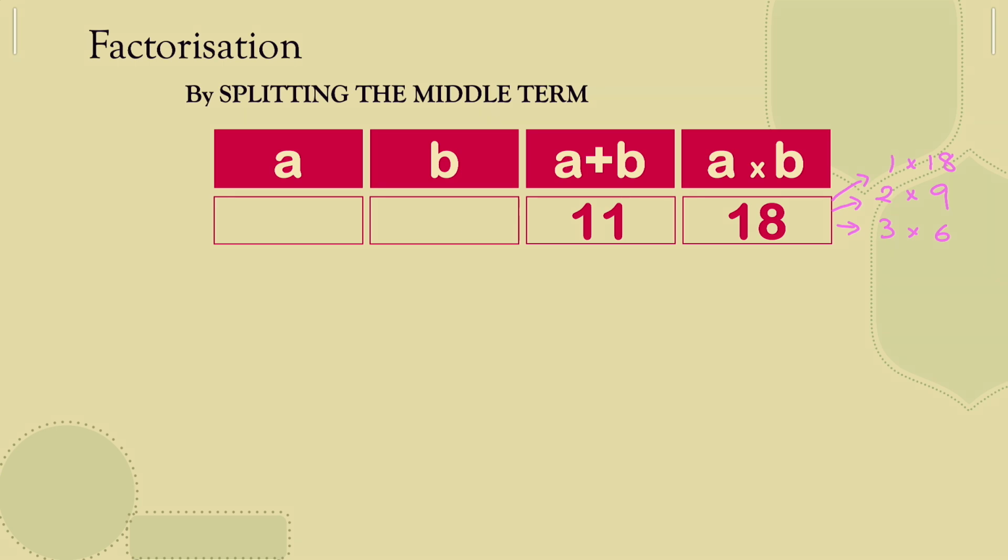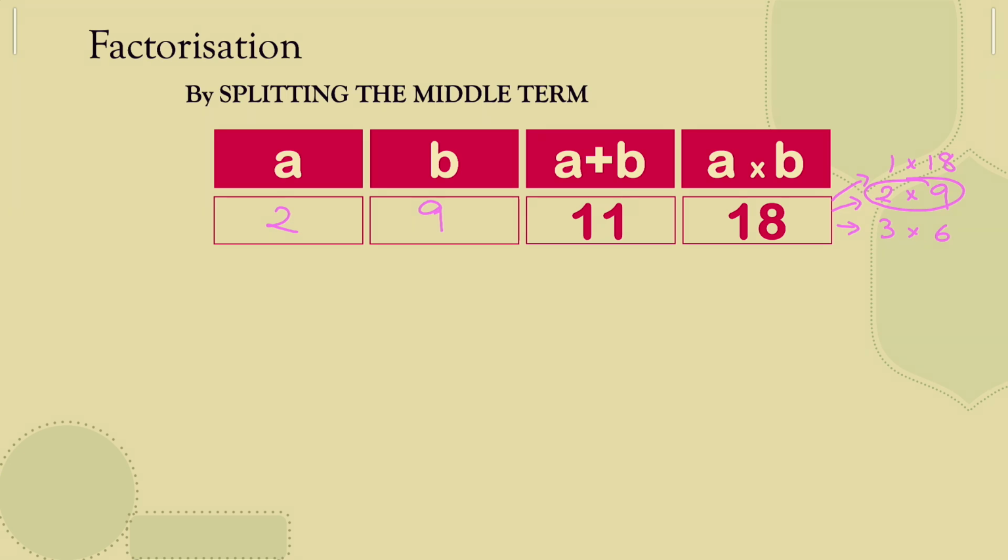So these are the three possible pairs of factors. Out of these three pairs, which pair is giving the sum as 11? So your two numbers are 2 and 9. The sequence of A and B is not important, but the numbers along with the sign are important.